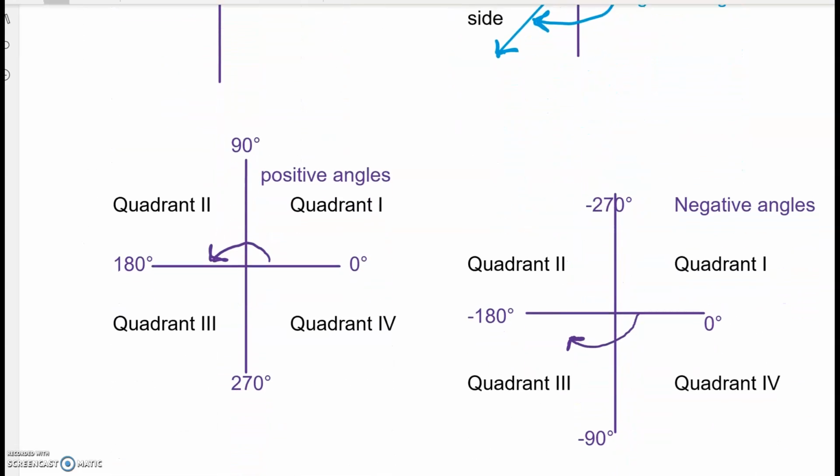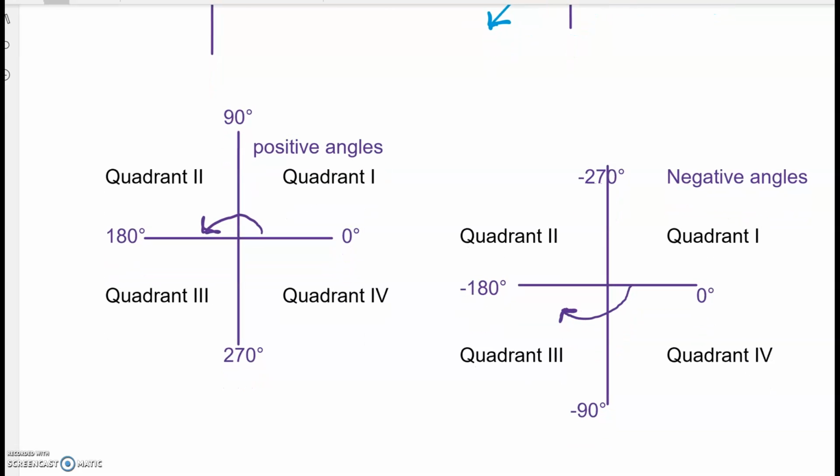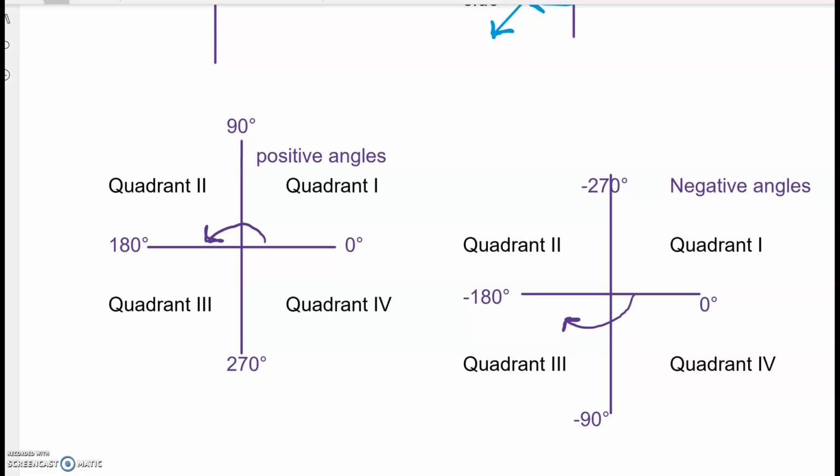So the thing I want you to be proficient at is being able to say what quadrant an angle lies in. So we have positive angles depending on which quadrant they land in.